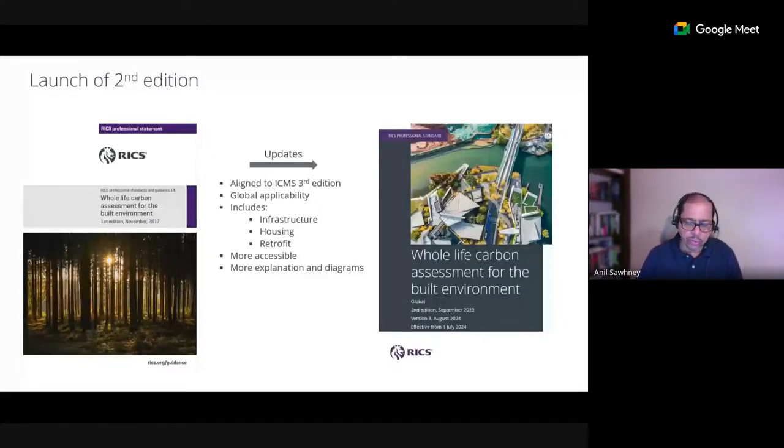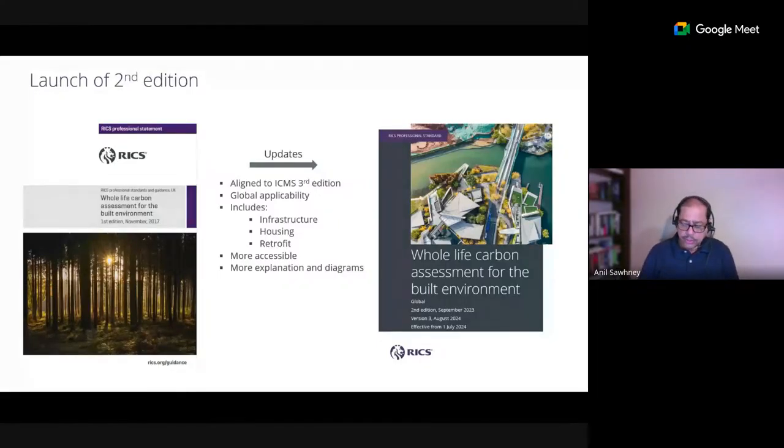So in order to do that, we need to connect cost and carbon together, and an assessor can calculate not only the carbon emissions, but is also able to calculate the cost associated with that design.